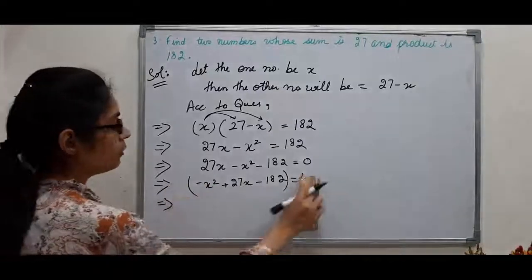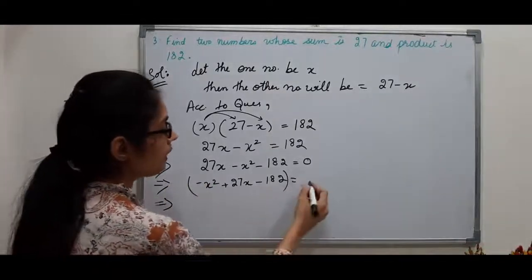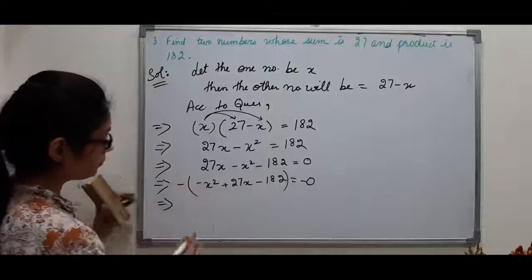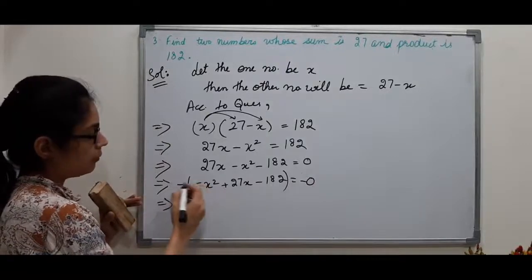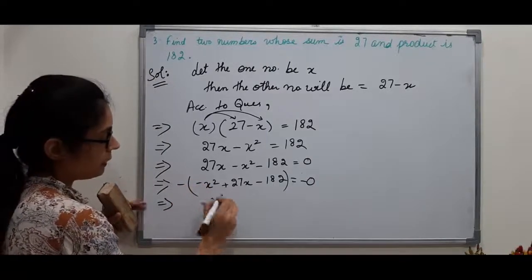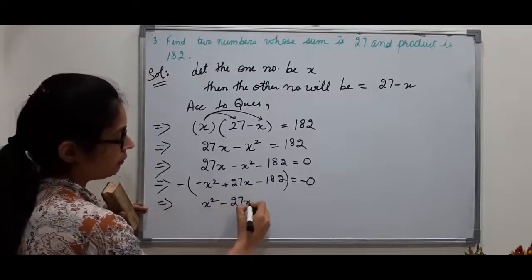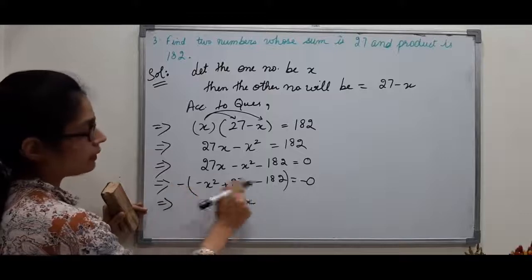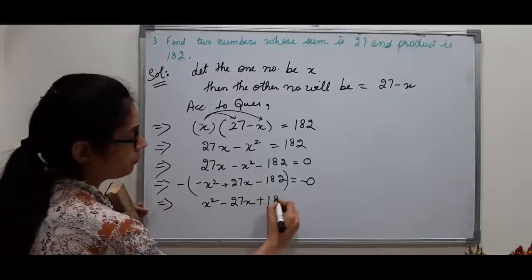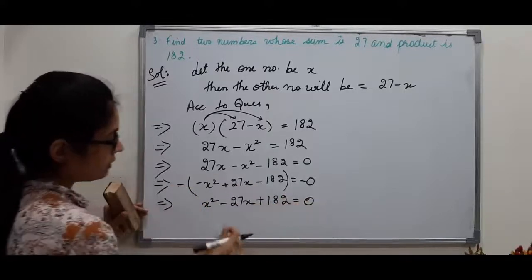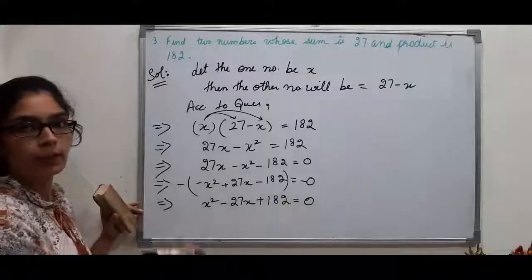So that's why we can do multiplication with minus sign for both the sides. So minus into minus, it will be plus x square, minus into plus, it will be minus 27x, minus and minus again plus. So this is our required quadratic equation.